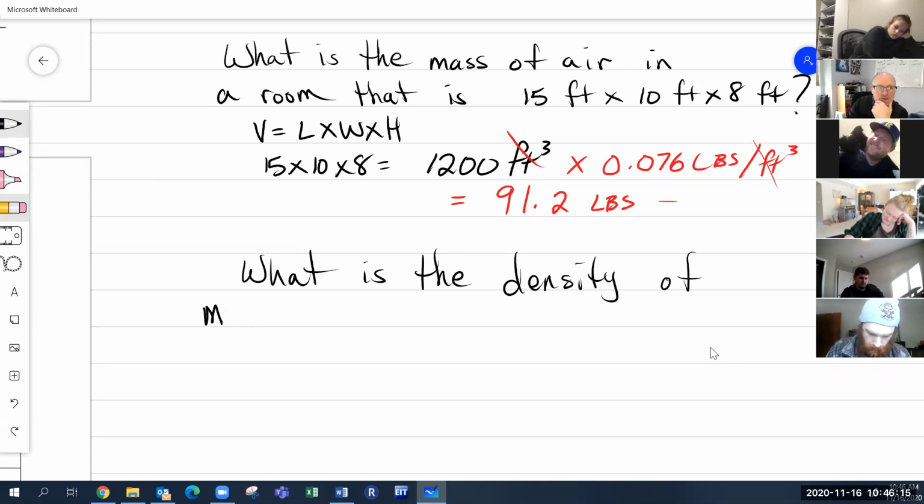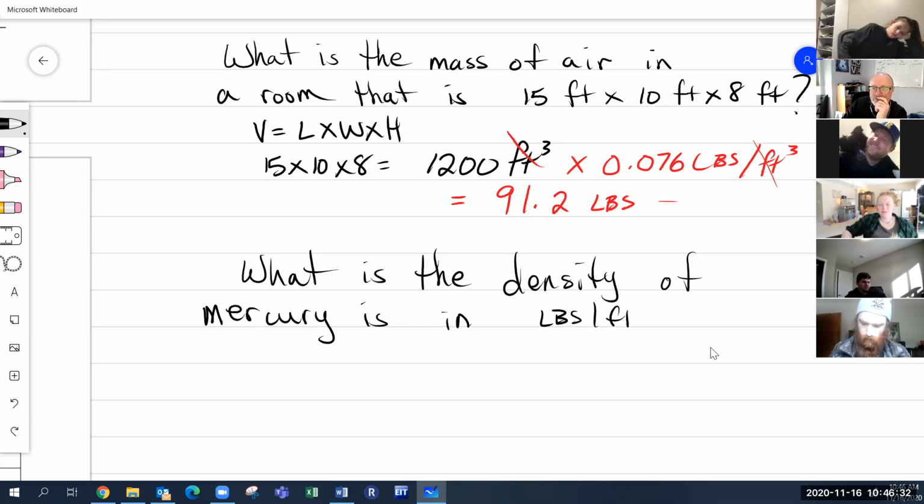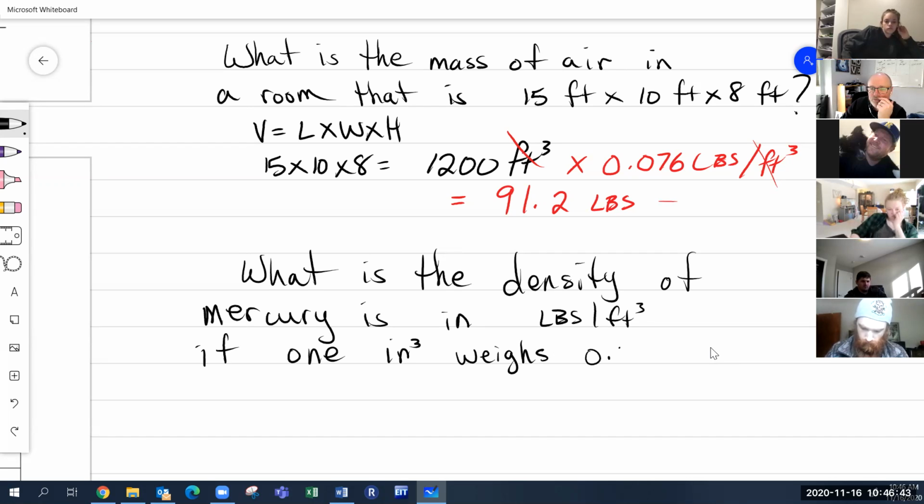I'm going to ask you what the density of mercury is in pounds per cubic foot if 1 cubic inch weighs 0.491 pounds.